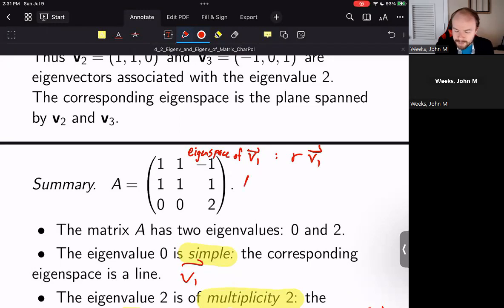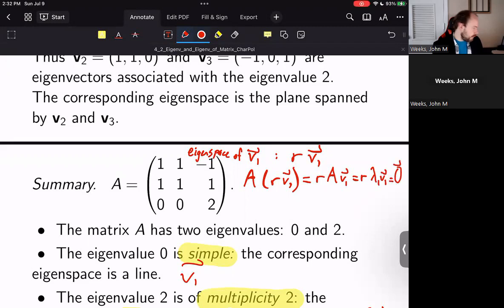And what happens when I plug in A times r v1? Well, the r is going to be able to come outside thanks to how matrix multiplication works. And we know that A v1, since v1 has an eigenvalue of 0, is going to be r times lambda 1 v1, which in this case is just going to be the 0 vector. So everything here is just going to get flattened.